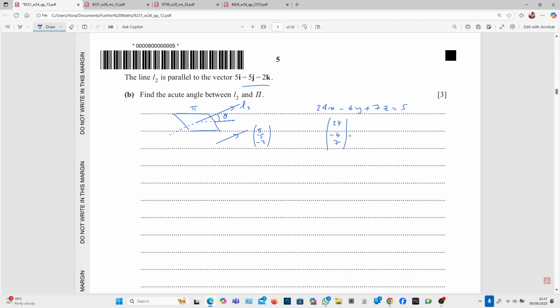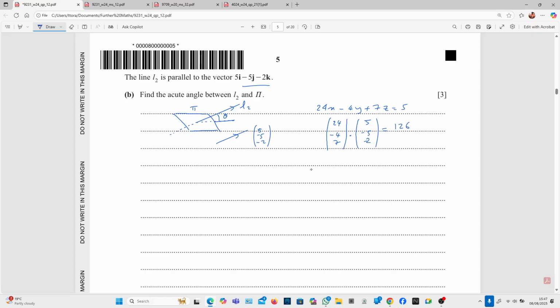I'm going to take that and dot product it with the direction vector of this line, which is parallel to the other line too. So that's (5, -5, -2). If I do the dot product here, it turns out to be 126. I'm sure you know how to do this: 24 times 5, plus 4 times 5, plus 7 times -2, which gives 126.